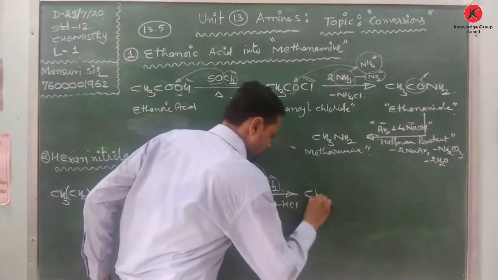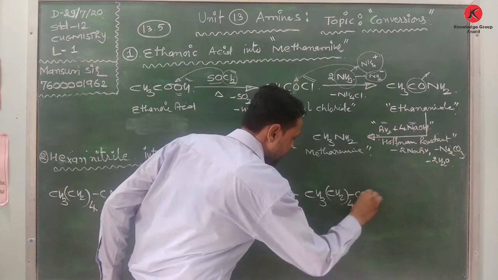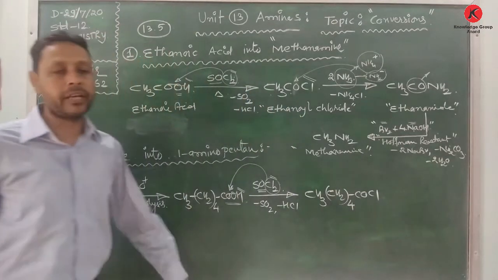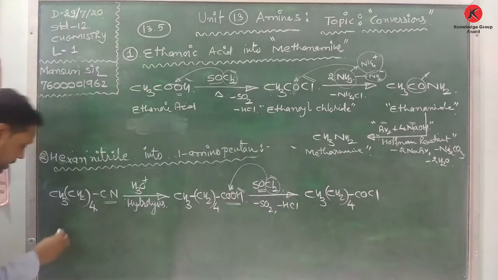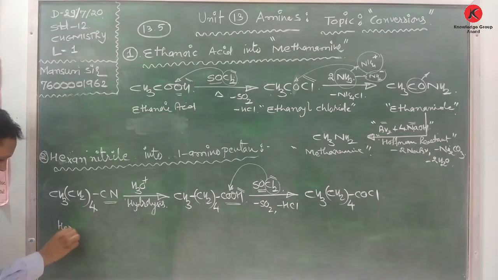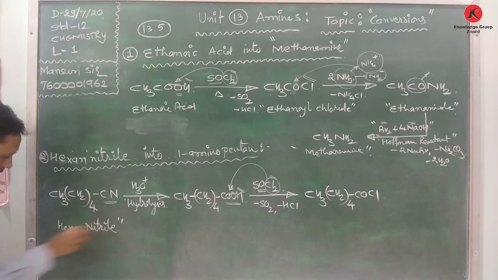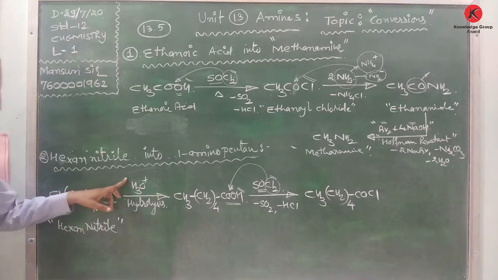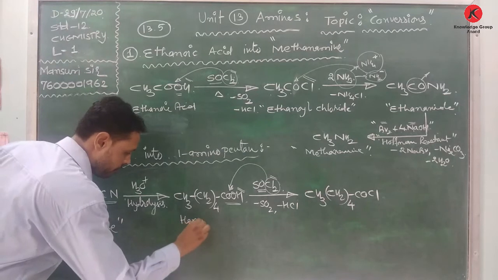So CH3 CH2 4 times and COCl is obtained. This is my hexanoyl chloride. Here hexane nitrile, when hydrolyzed, then hexanoic acid is formed.